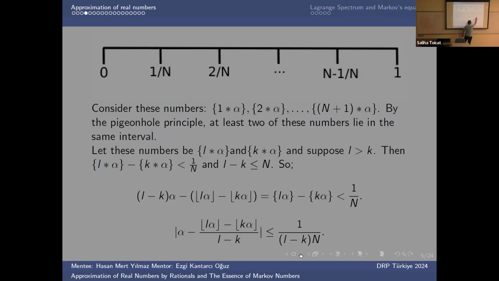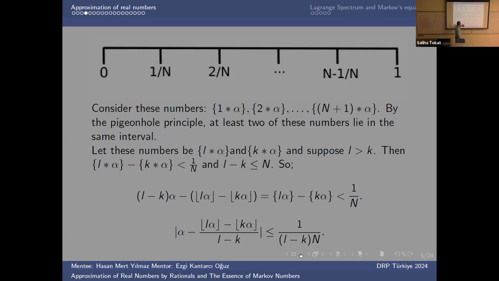We take L greater than K, so the difference is positive. This number is smaller than 1 over n because this is the length of the interval.